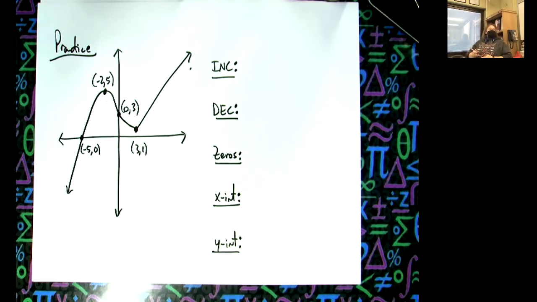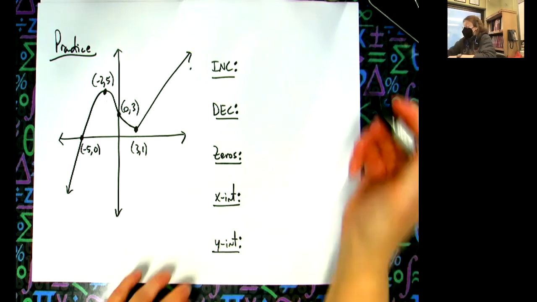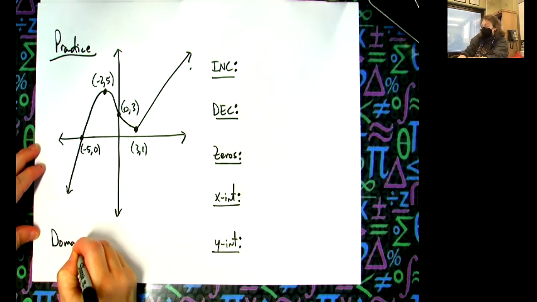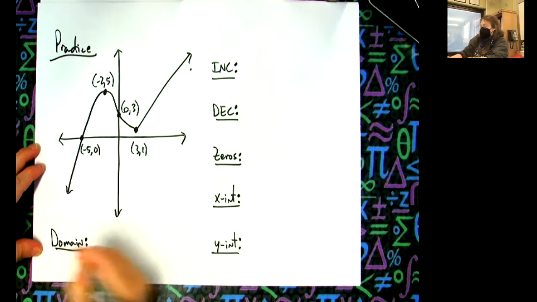Okay, so a question like that, I should be able to ask for increasing intervals, decreasing intervals, zeros, x-intercepts, y-intercepts. Ooh, I could even be more creative than that. I can also ask for domain. I can also ask for range.